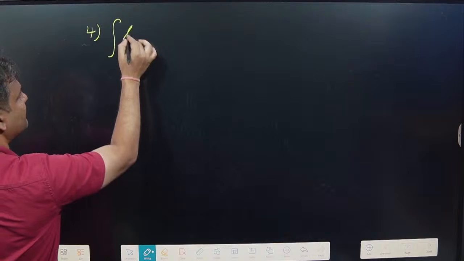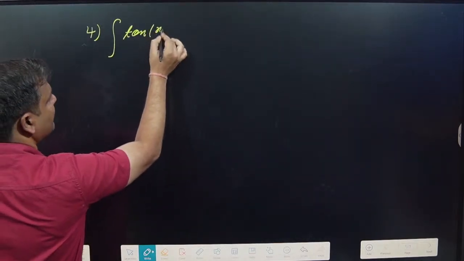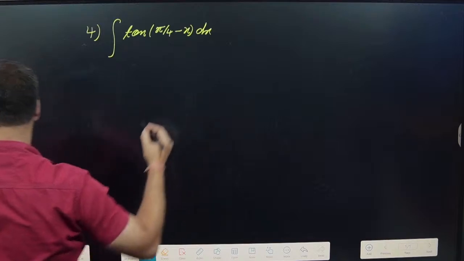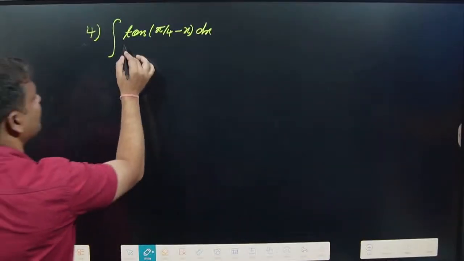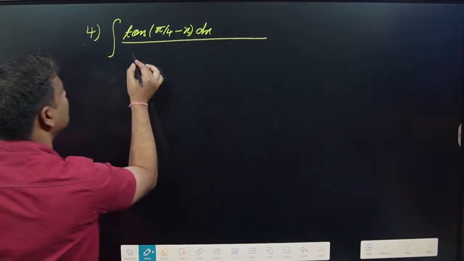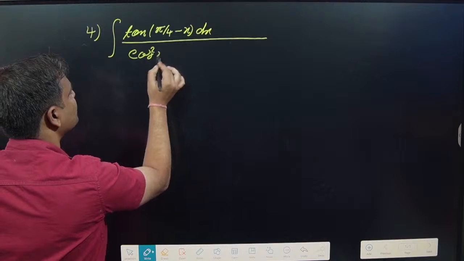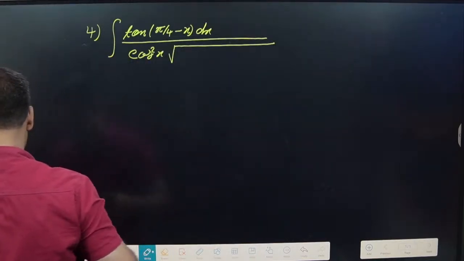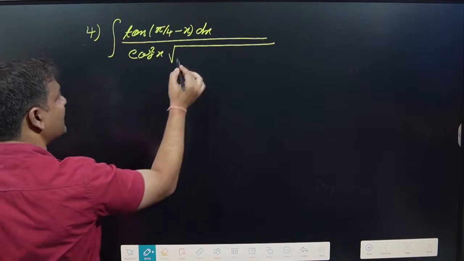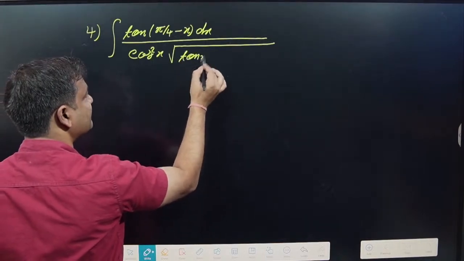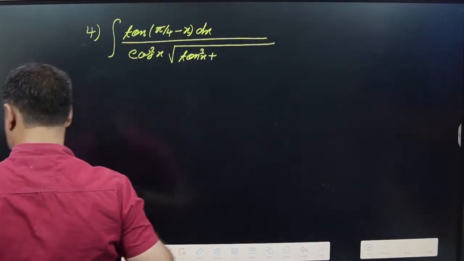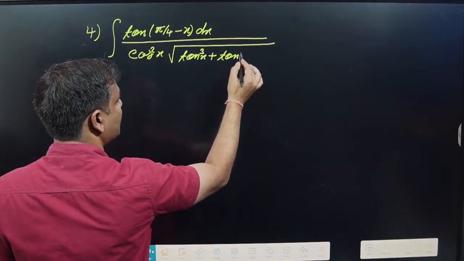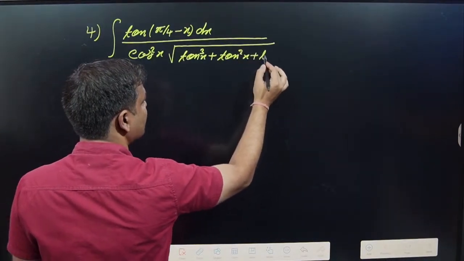Integration of tan of pi by 4 minus x dx divided by cosec square x under root of tan cube x plus tan square x plus tan x.